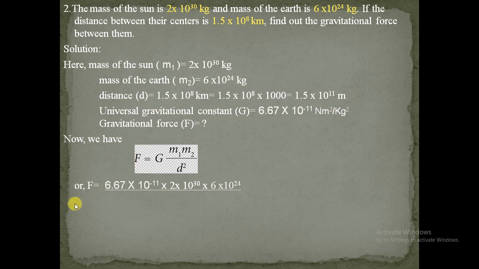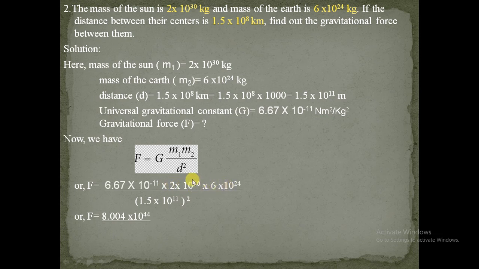Okay, F is equal to G. The value of G is 6.67 into 10 to the power minus 11. We put the value of G, then the value of m1, then the value of m2, and the value of d. The distance is 1.5 into 10 to the power 11 whole square. Now we have replaced the values of the different symbols in this step. Now we multiply the upper part.